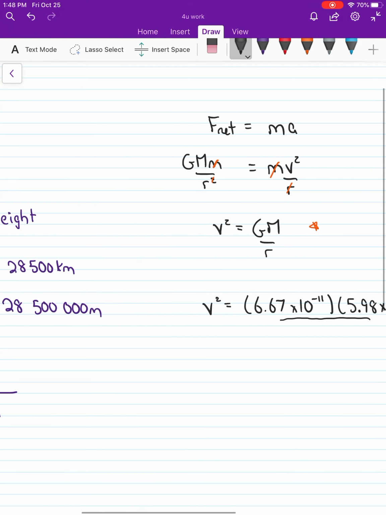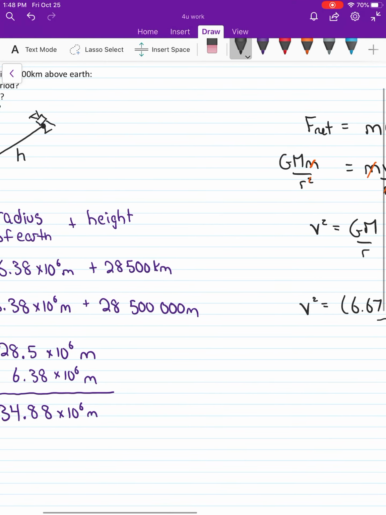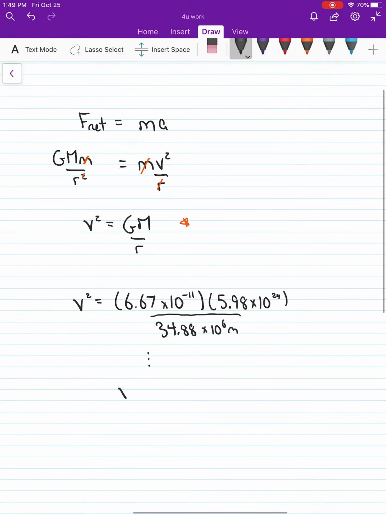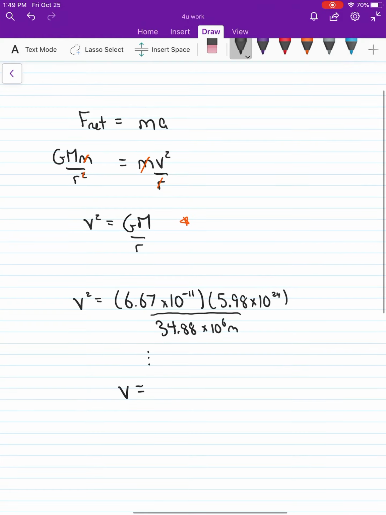And the radius, that's what we figured out before, that 34.88 number. You don't have to keep it as a times 10 to the 6, that's just a habit I got into. You could put it in standard notation of 3.488 times 10 to the 7, just whatever works. You can play with your calculator, double check, but when I did it, I got that the speed after square rooting was 3380 meters per second.